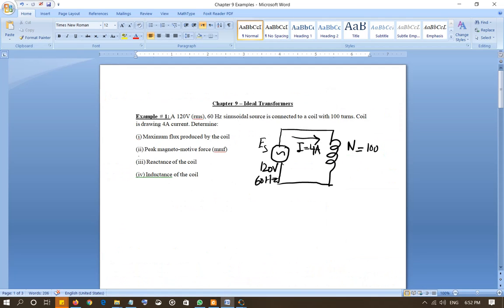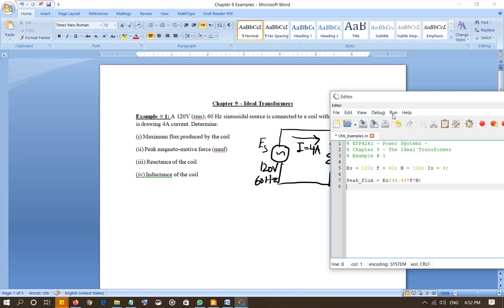Alright, what else? Peak magnetomotive force. Now remember, magnetomotive force is number of turns times the current that is passing through the coil. Now since the current that is passing through the coil is RMS, first we're going to figure out the peak value of that current, multiply that by N, and that's going to give us peak magnetomotive force.